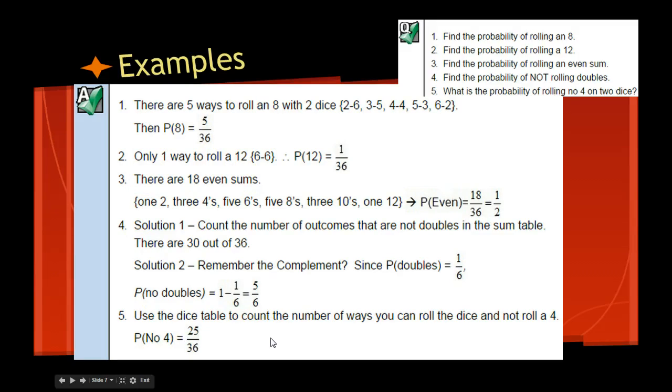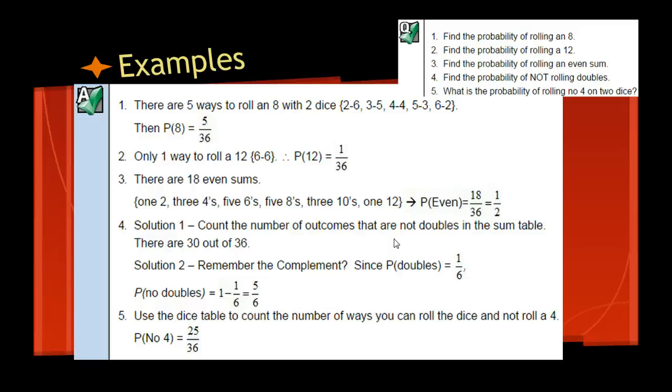They're fairly straightforward. Although, do you know what? Let's take a quick look at the complementary one. This is going to force us to think about the complement again. So let's take a look at question 4. Find the probability of not rolling doubles. You can approach this two ways. You can take a look at the number of outcomes where you do not roll doubles, and we'll notice that there are 30 out of 36 possibilities.